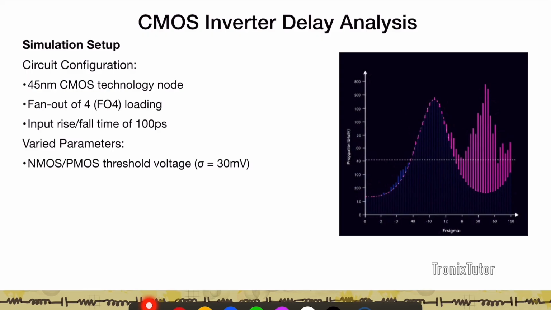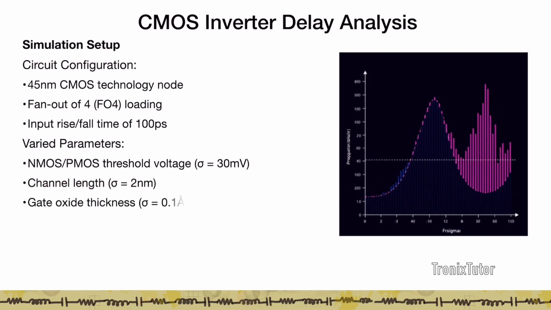So I'm hoping that this VT variation has the variations of L, TOX, and the dopants built into it. I can further add a channel length variation if I want, and gate oxide thickness. Load capacitance too, since depending on how I'm driving the next inverter, there can be an additional variation in that.